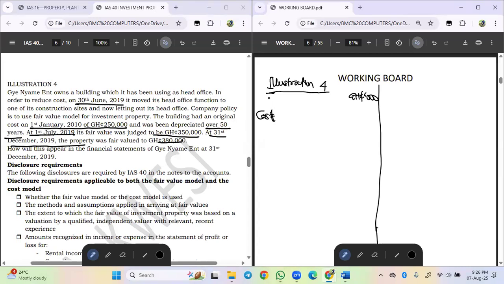The original cost of the building is 250,000. We will calculate depreciation because the first period is under PPE. The building had a useful life of 50 years. Now, who can tell me the accumulated years?